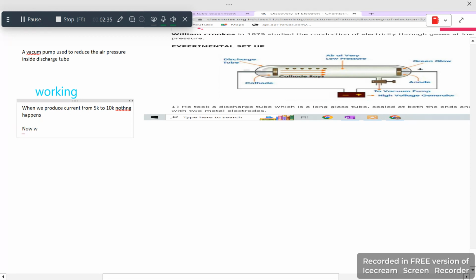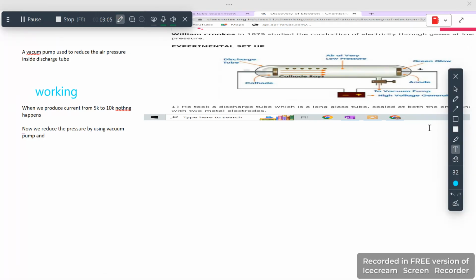So now what we did, we reduced the pressure by using a vacuum pump. In this structure we also have a vacuum pump, and the continuous glow particle. When we reduce the pressure, here this is the discharge tube which is made up of glass.